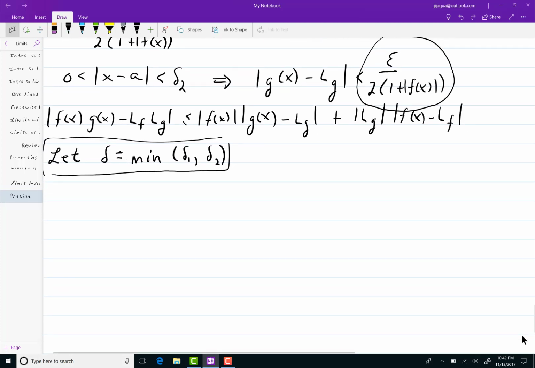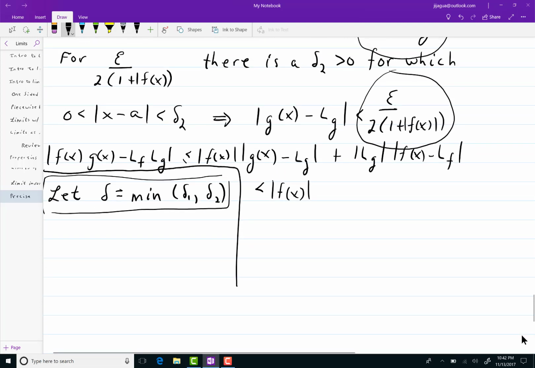So, as I continue this here, let me move this out of my way. I'm going to get less than the absolute of f of x times, for g of x minus Lg, I have the epsilon over 2 times 1 plus the absolute of f of x.